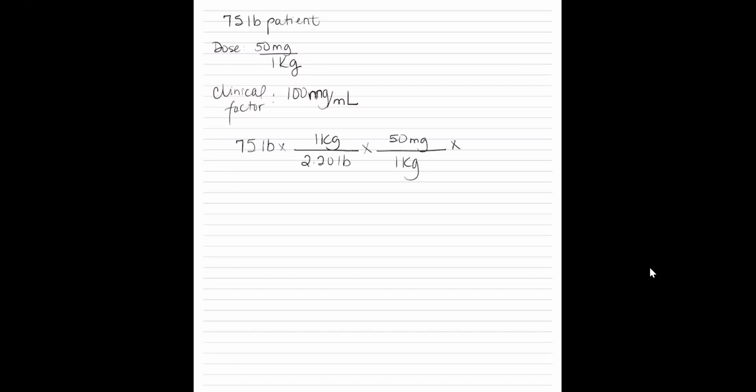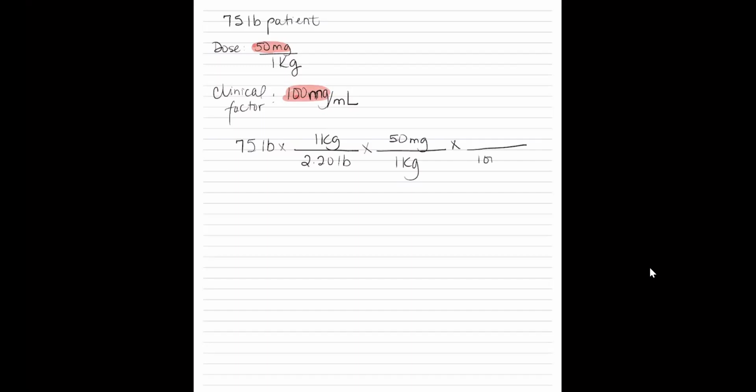And then the last piece of the puzzle is going to be like, well, that medication specifically, I have 100 milligrams per milliliter. We can use directly the clinical factor because the units of the dosage and the clinical factor match. Since they're both in milligram, then we can proceed.